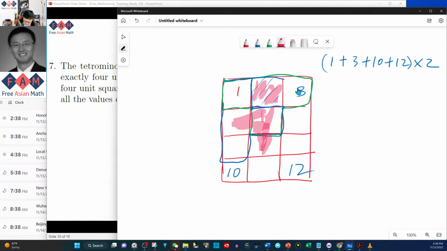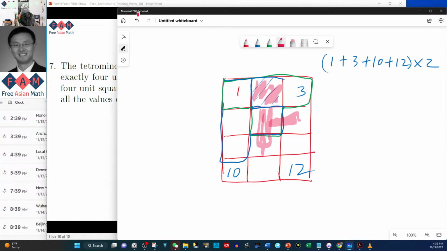And by symmetry, we can, of course, cover it this way. So altogether, we already got 4 different ways to cover this one. Is there anything else? I guess not. I really don't see any other ways of covering this.